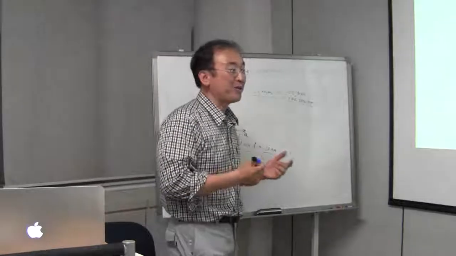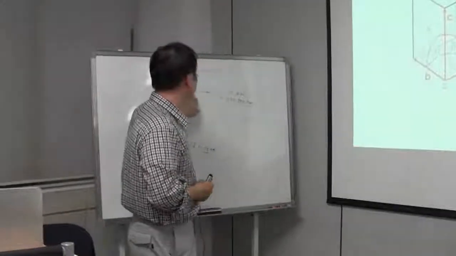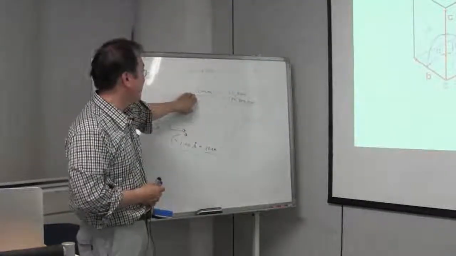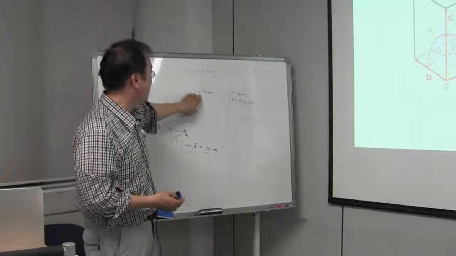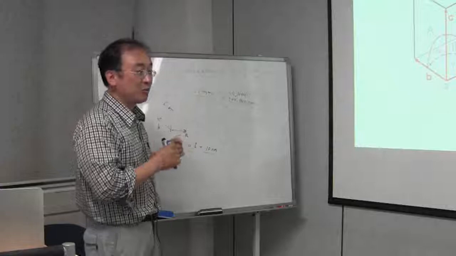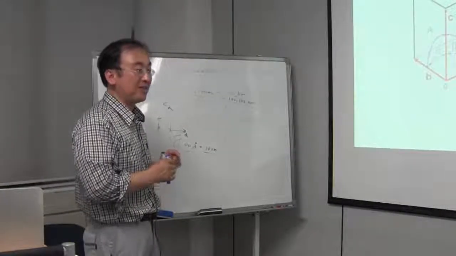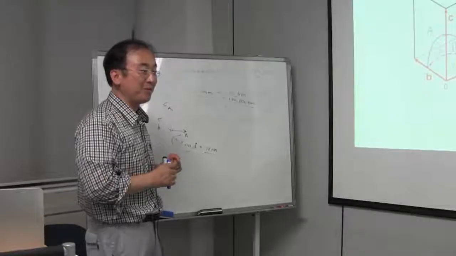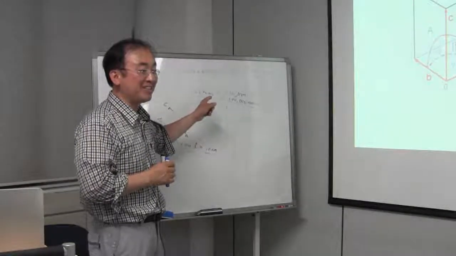So, to be a real crystal like this, if the crystal dimension is 0.1 millimeter, it is quite visible under a microscope, but nearly invisible with our naked eye. This is the limit of our naked eye.